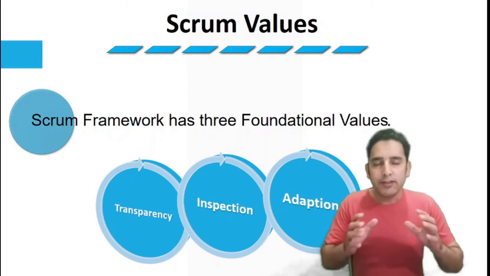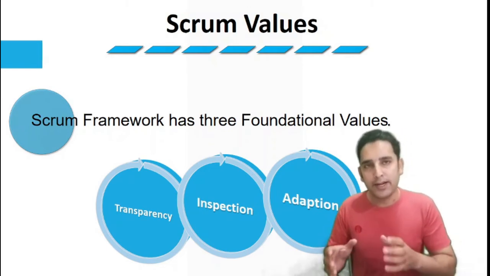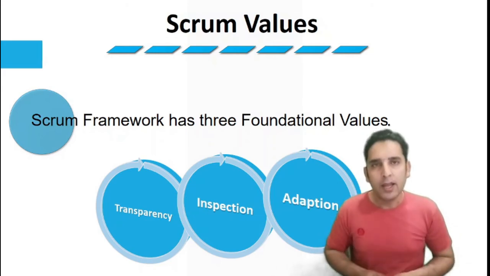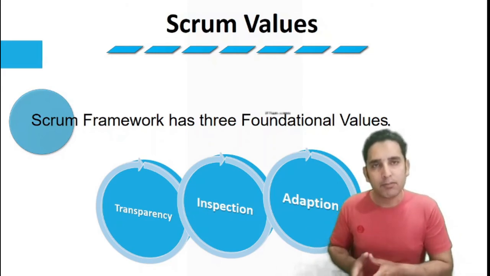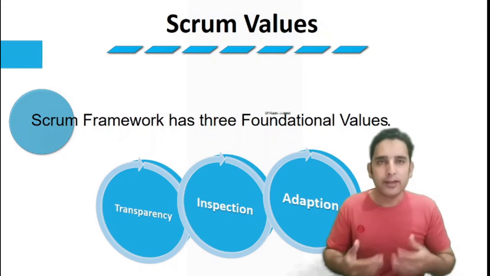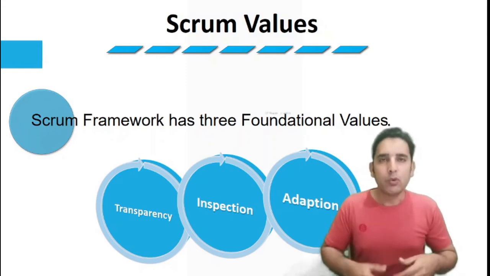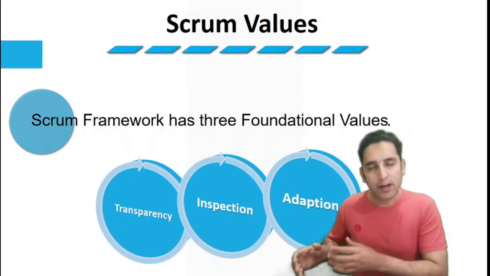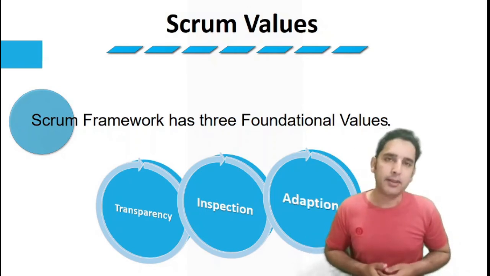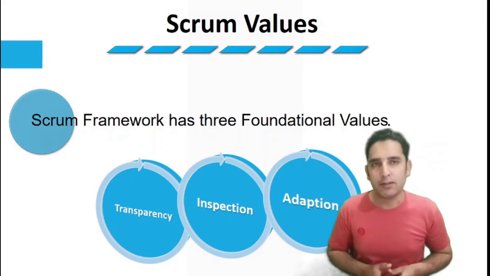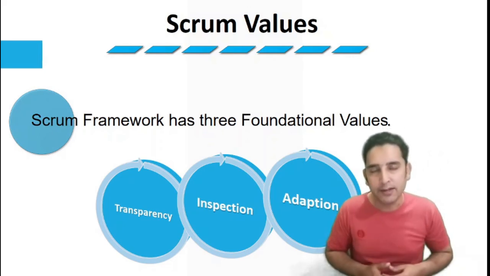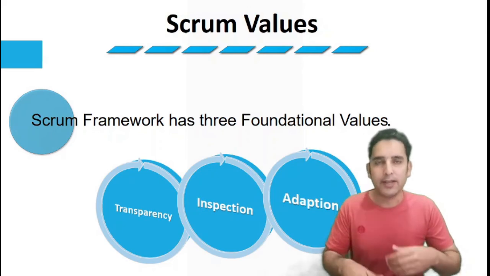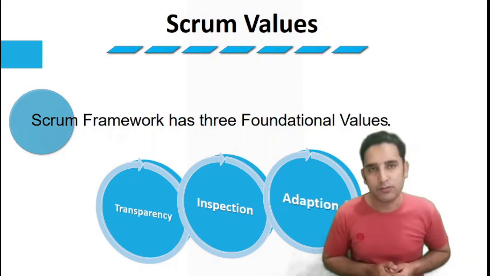The definition of done is a common criteria against which the customer is going to validate what the original requirements of the product were and what the team has actually delivered. Once the customer validates the product against the requirements, and if the team conforms with the requirements, it means the definition of done is achieved. It means that this is transparent, and that's the first foundational value of Scrum.